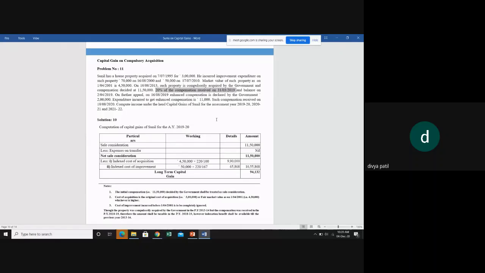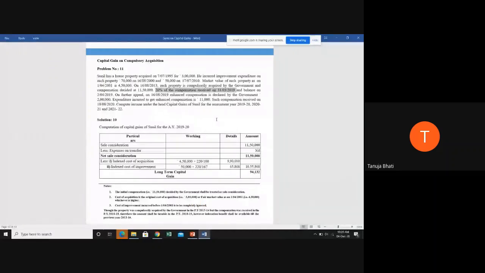The provision is that compensation is taxable in the year when you're receiving it, correct? Even if you're receiving initial compensation in part, you're going to tax it in that year where you're receiving the first part. So this entire compensation is going to be taxable in that year where you're receiving the first part.